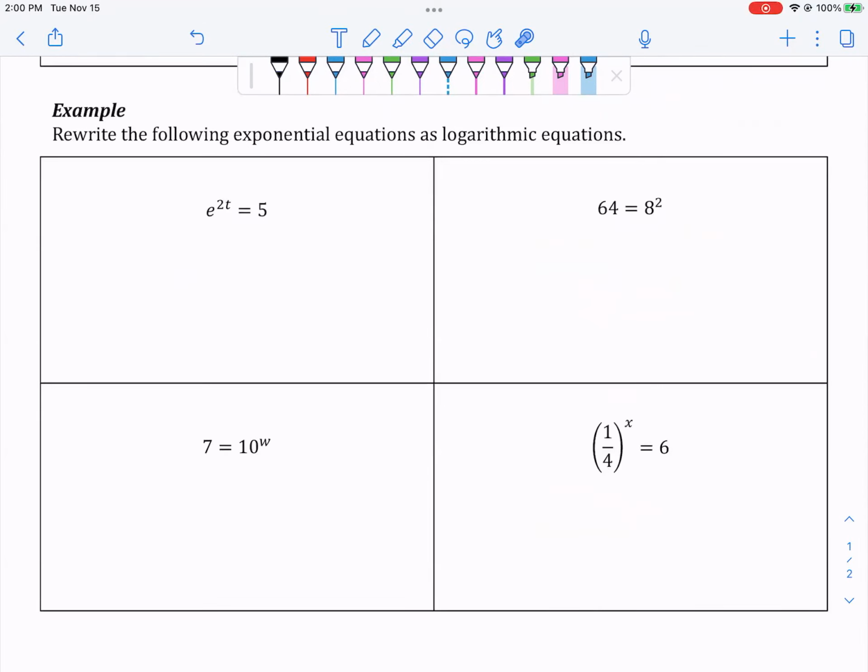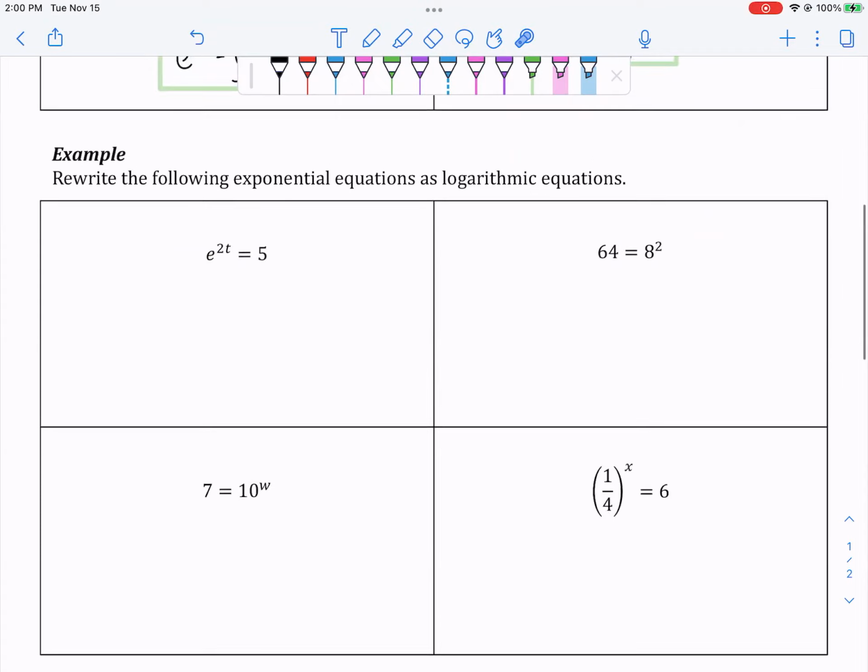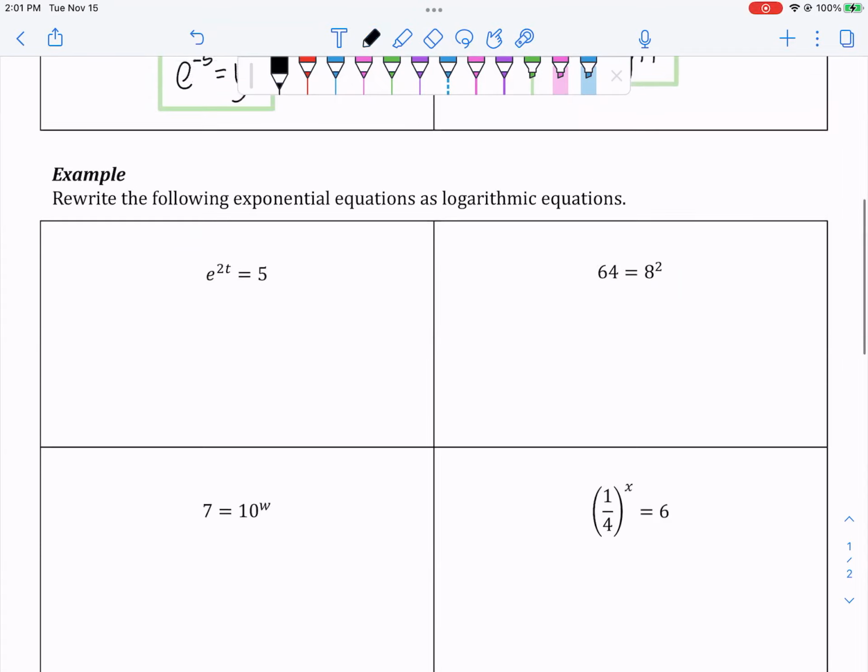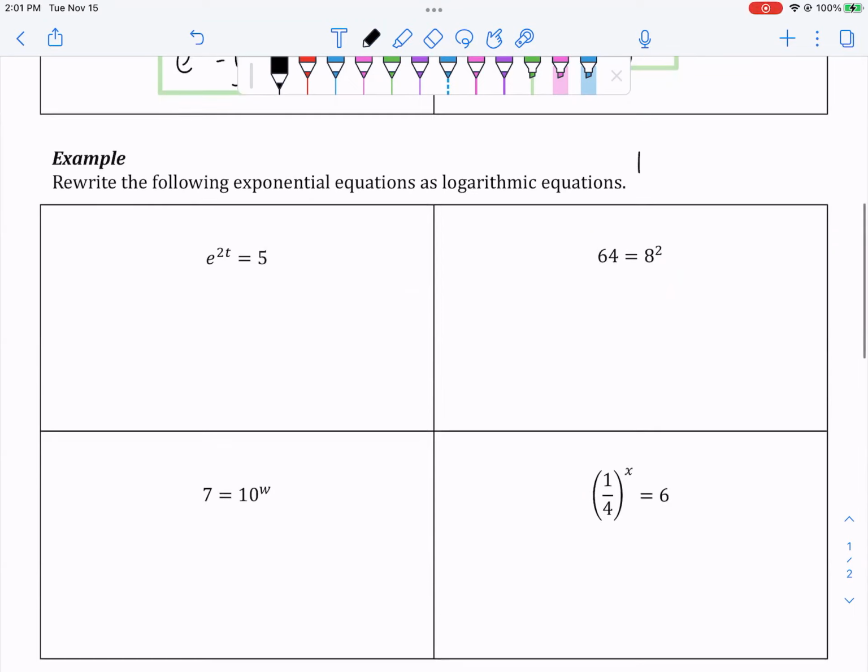Let's go ahead and go in the opposite direction. So now instead of going from logs to exponents, we're going from exponents to logs. And the important thing to know here is that when you're writing this, you're looking to fill in log base blank of blank is equal to blank, 1, 2, 3, where the base is this number down here.